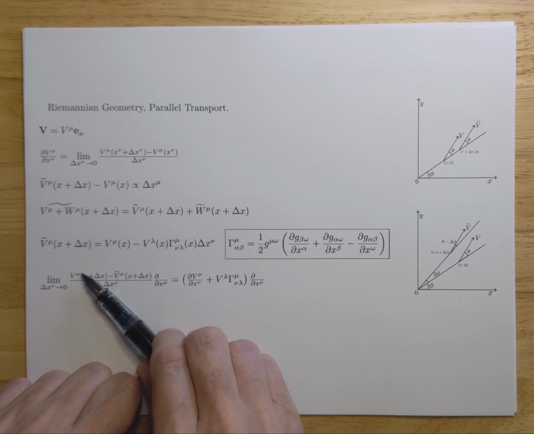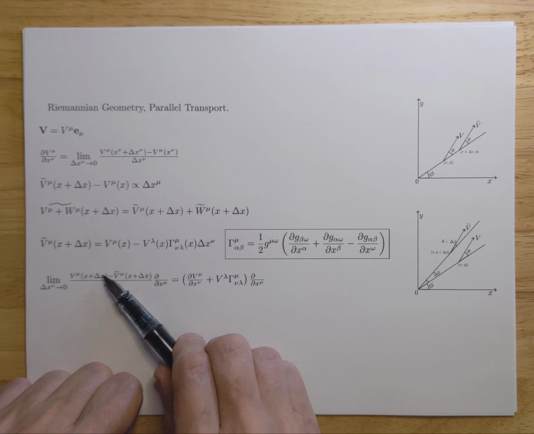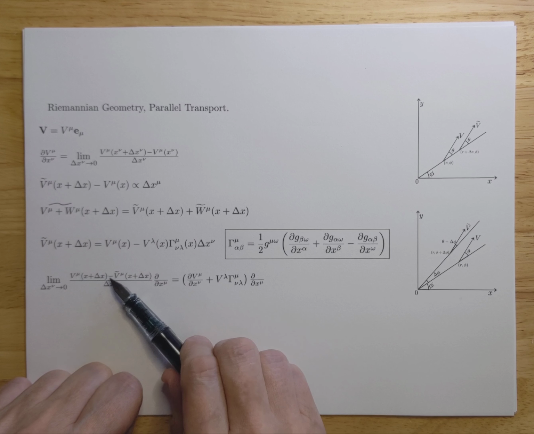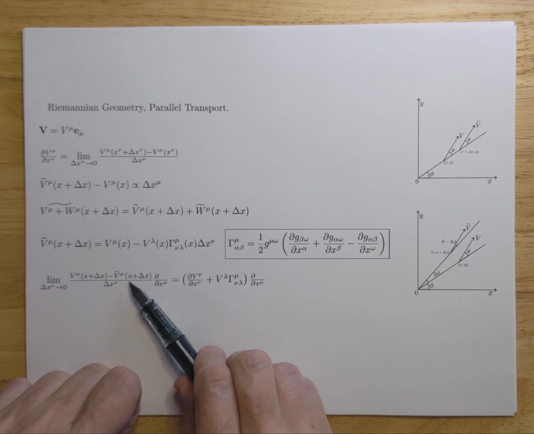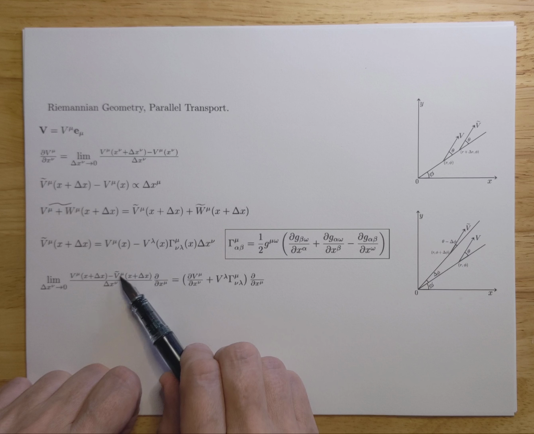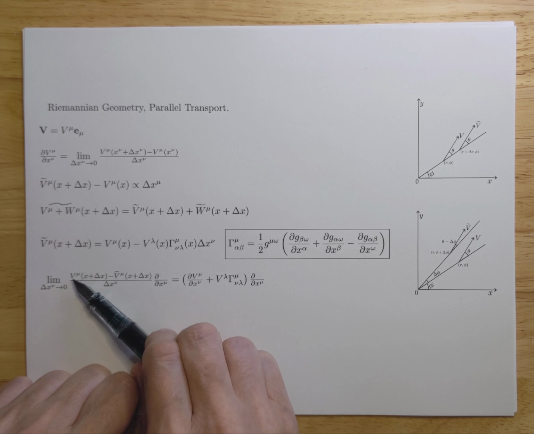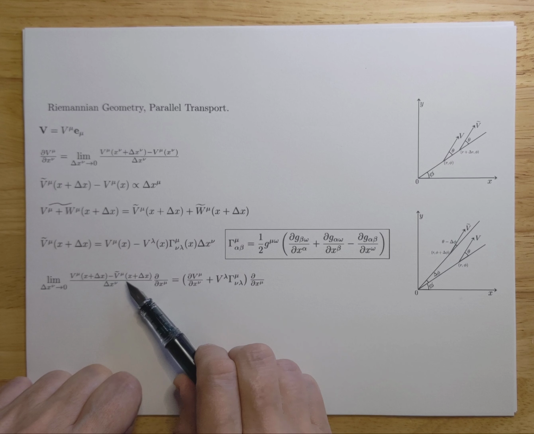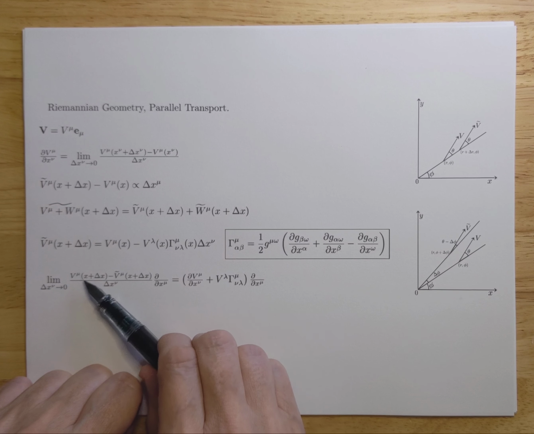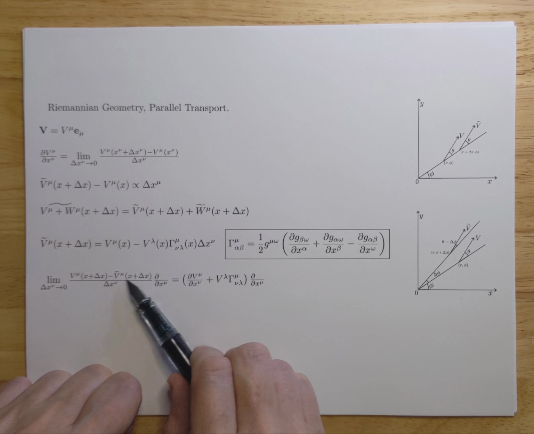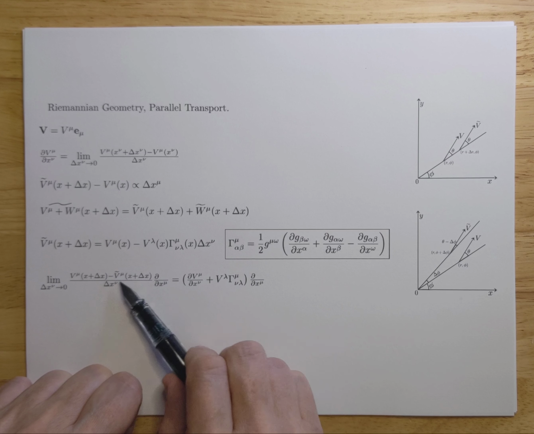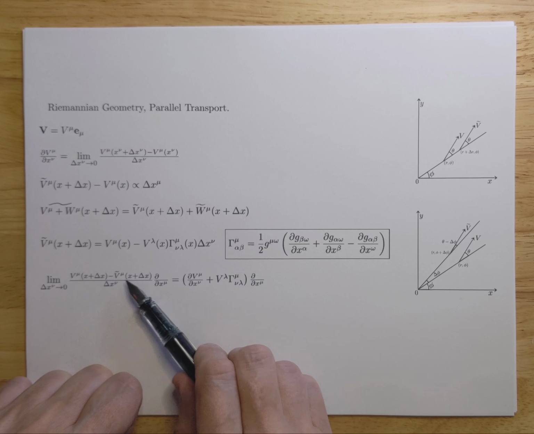You take V mu at x plus delta x, the original vector, and you subtract this parallel transported vector at x. So you have vector components V mu at x plus delta x, and you parallel transport V mu at x, you get this tilde one, right? So you get those new components, and you subtract those from each other.